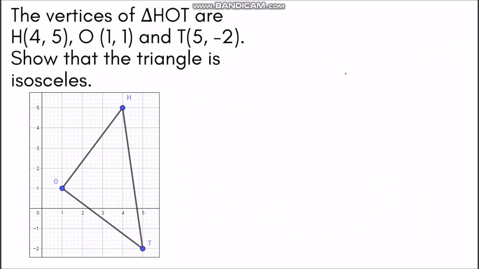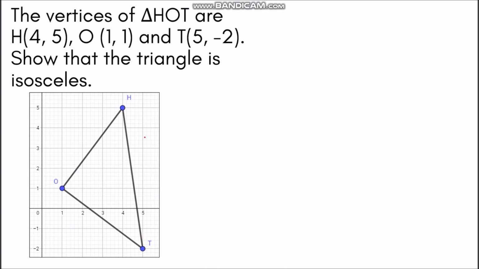Next example is, let's say the vertices of triangle HOT are: we have H, which is (4, 5), O, which is (1, 1), and T, which is (5, negative 2). Now we have to show that this triangle is an isosceles triangle. So if we plot these points on the Cartesian plane, we have this figure.